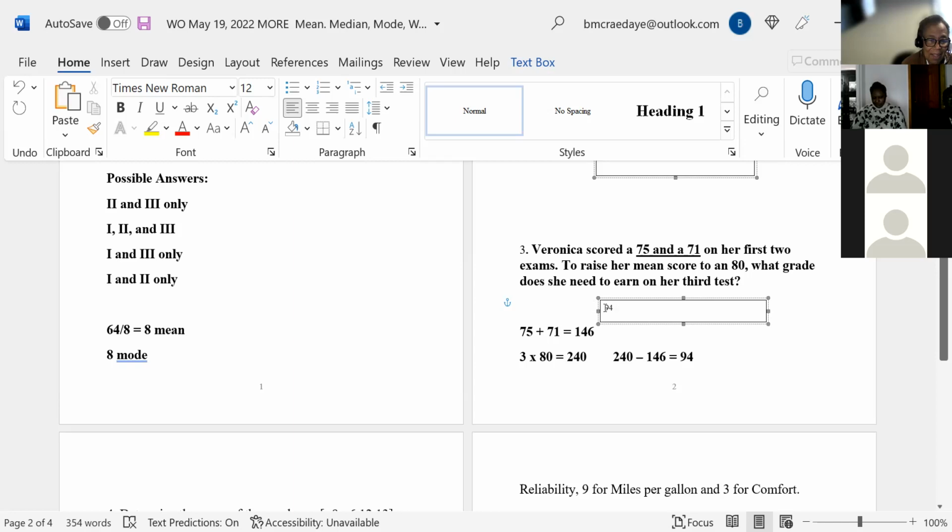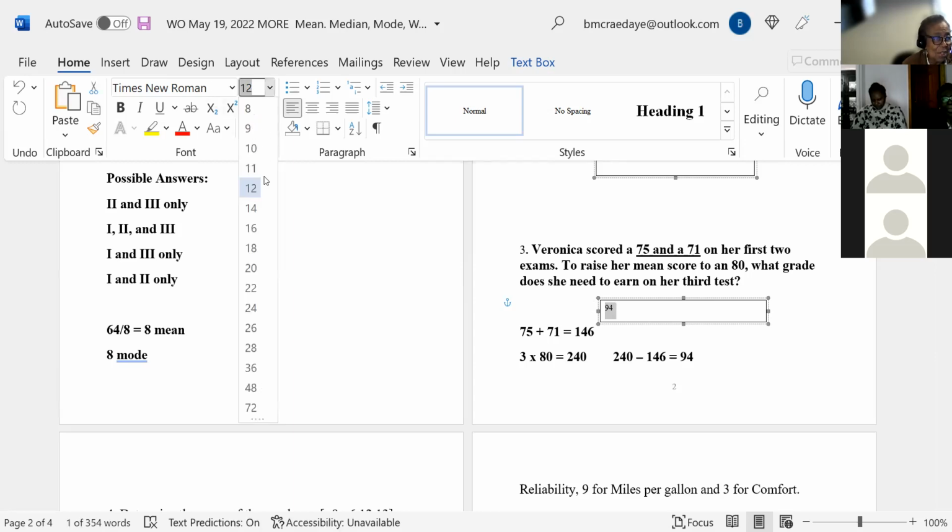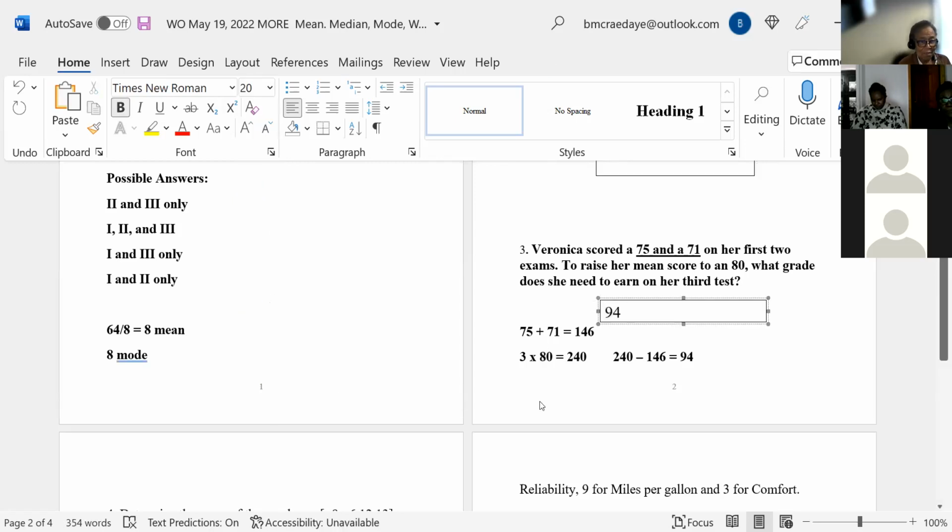You just got it. This is a common kind of question asked on the GED. If they give you what the mean score has to be, and you know how many items it took to get that mean, you have to multiply the number of items times the mean to get the total. So you want a total of 240.